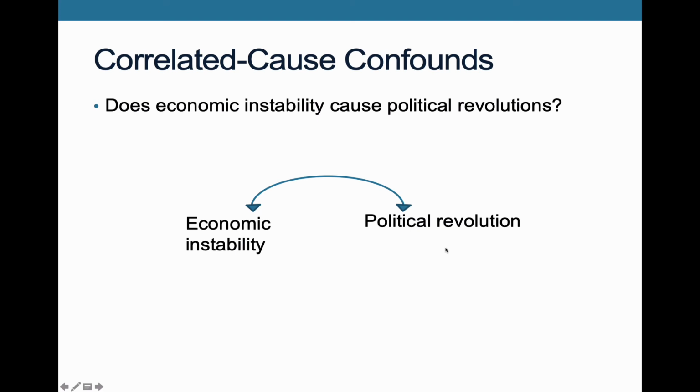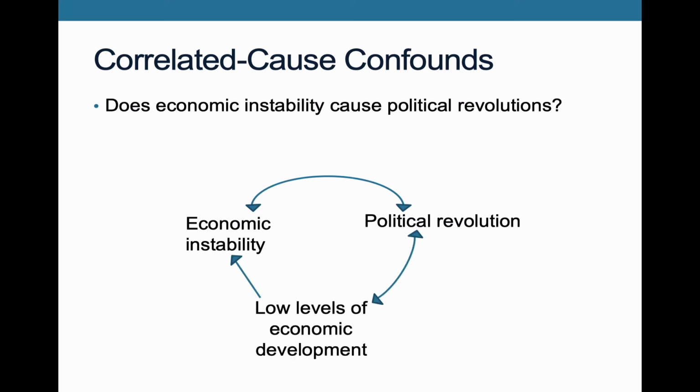No matter what, you always want to think: is there any confound that could be going on? One that I thought of would be levels of economic development. Economies in the global south that are poorer are more likely to have economic instability, due to their relationships of integration into the global economy. They tend to be more volatile. So you see this lower level of economic development causing greater instability, bigger ups and downs in the economy.